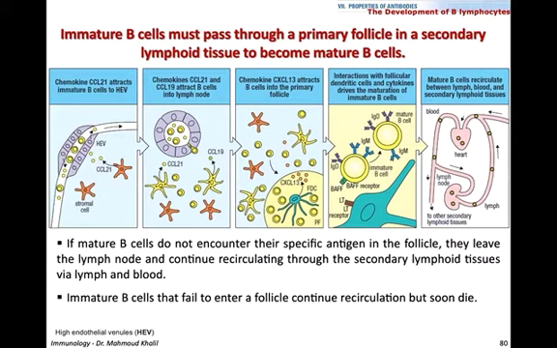And if these mature B cells, as I said before, do not encounter their specific antigen in the follicle, they leave the lymph node and continue to recirculate through the secondary lymphoid tissue via lymph and blood. And the immature B cells that fail to enter the follicle continue recirculation as well, but obviously they will die because they will never encounter an antigen.